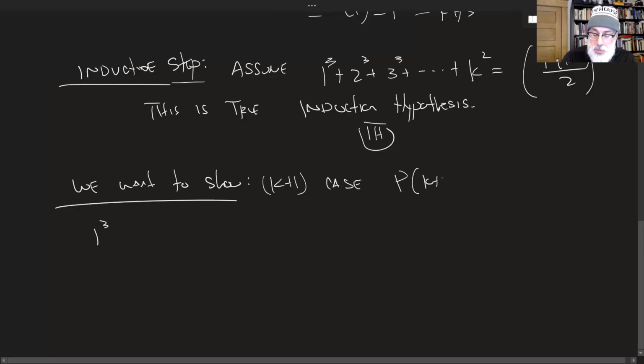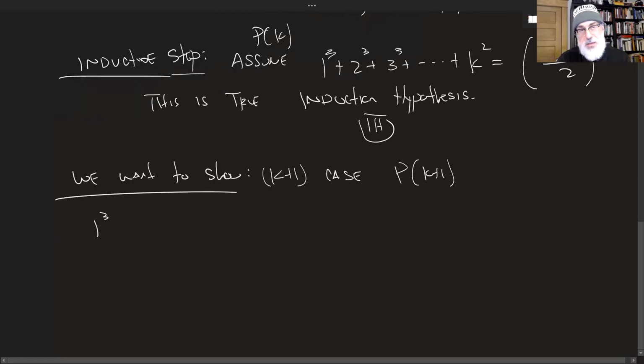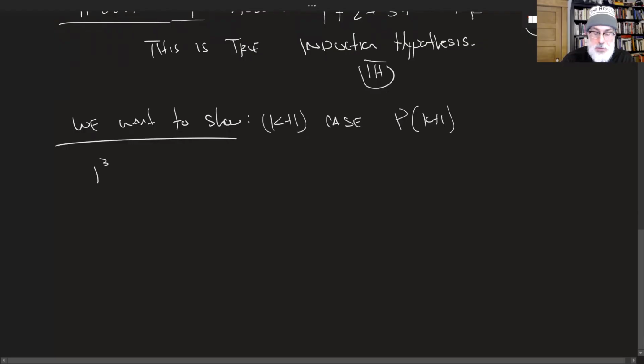Some books will do P(k+1), and then the induction hypothesis, P(k), which means that the base case is P(1). Depends on your professor, I suppose. I don't really think it's that important, but I know why I'm writing squares and cubes.